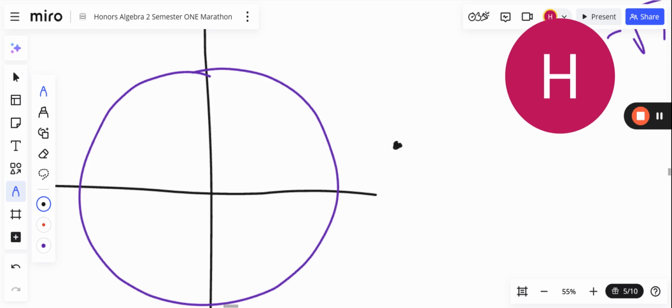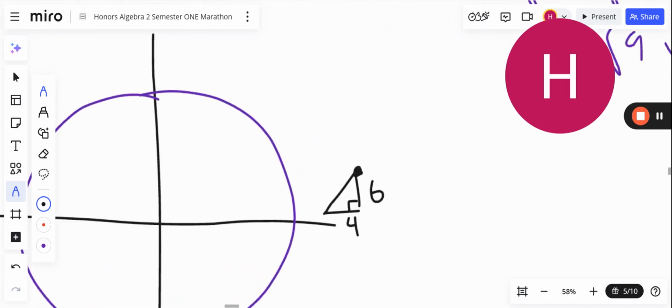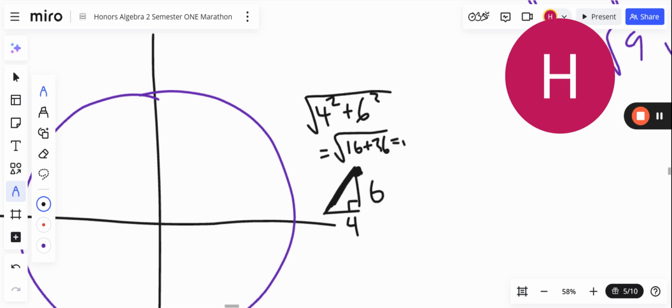So we're just going to draw it not even centered there. 4, 6 is the point, x equals 4, y equals 6. There's the point. So this distance is going to be square root of 4 squared plus 6 squared, which is the square root of 16 plus 36, or the square root of 52.